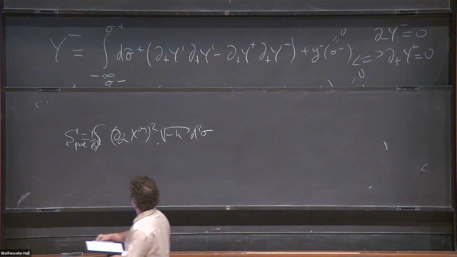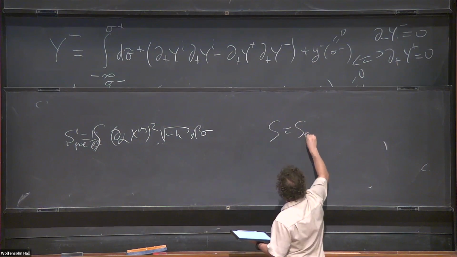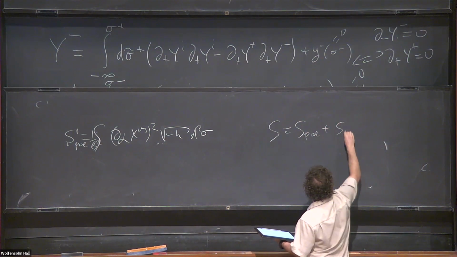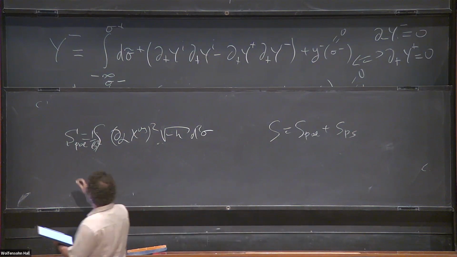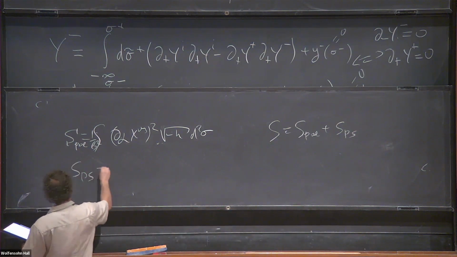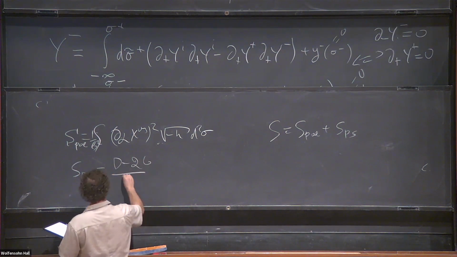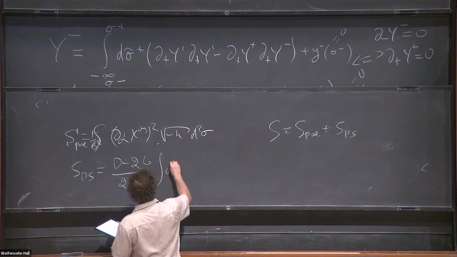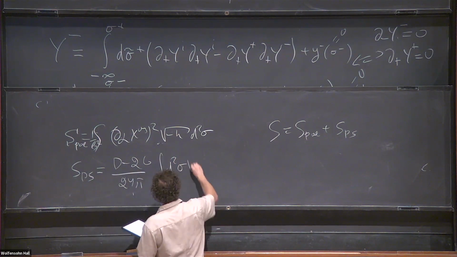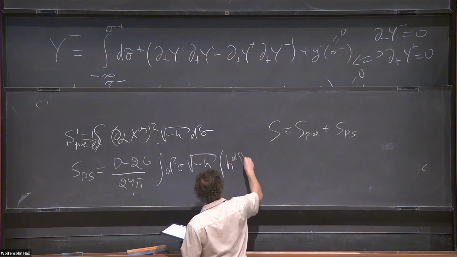So consider the action which is a sum of the Polyakov action plus the Polchinski-Strominger term, where this PS term has the following form. It's (d minus 26) over 24 pi, integral d²σ square root of minus h, h^{αβ}.